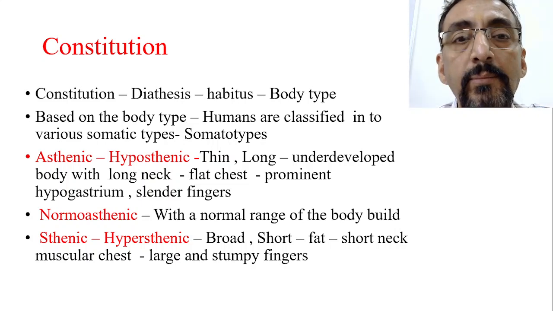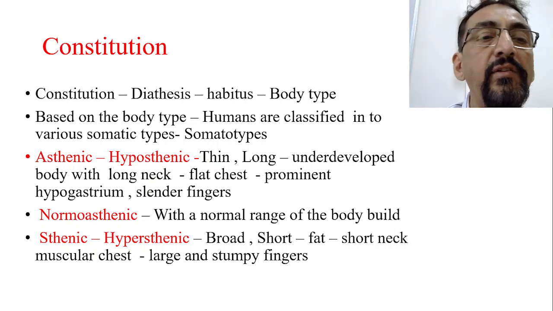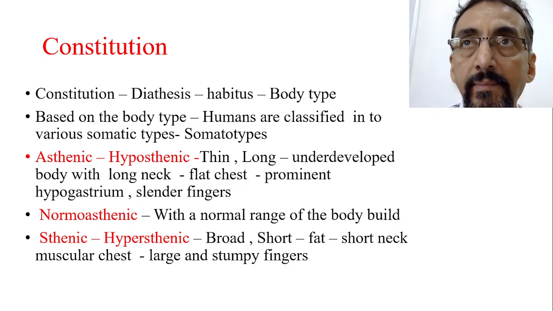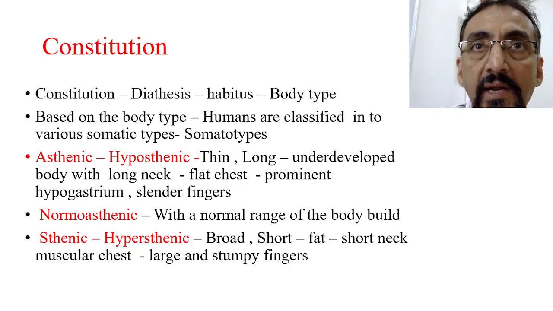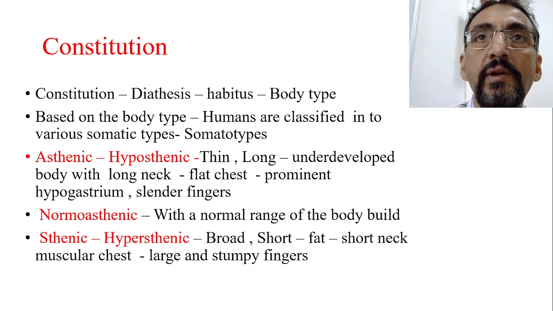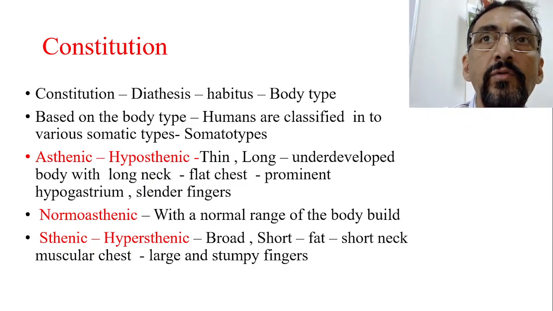Now based on the body type, humans are classified into various somatic types. Suppose a child is coming to you, by looking at the body type, that child is classified into various somatic types.